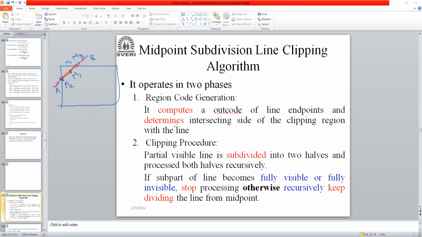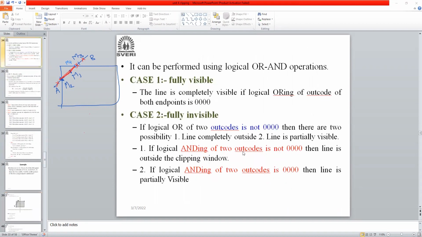So first, always there is region code generation to check the type of the line: partially visible, totally visible, or totally invisible. So here also logical OR and the same steps are there. First is the logical OR operation giving you 0, 0, 0, 0, which means a fully visible line.